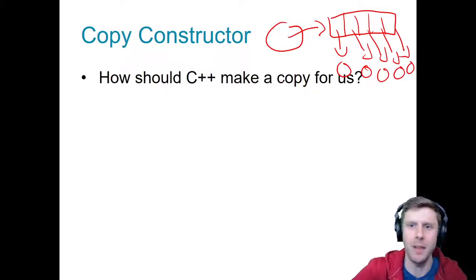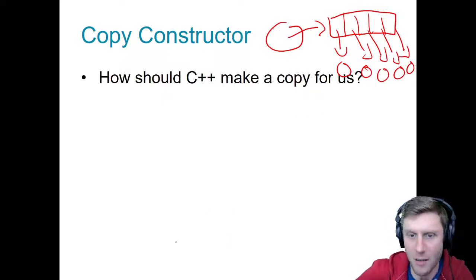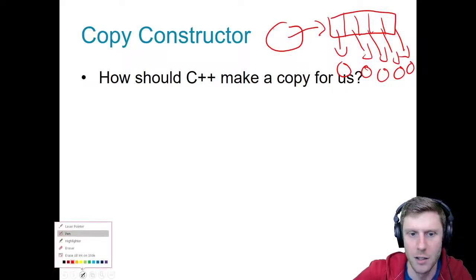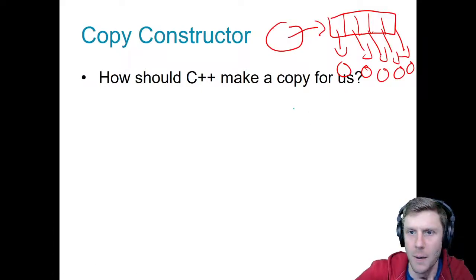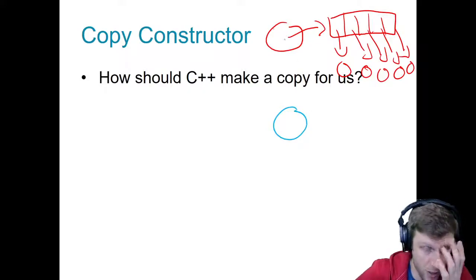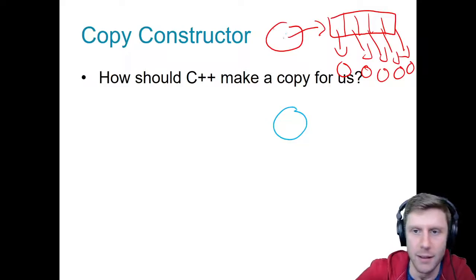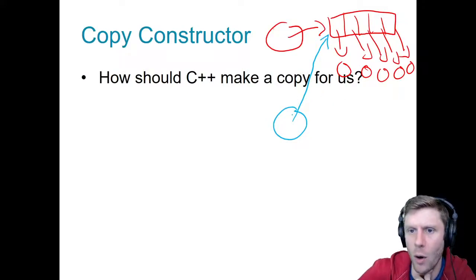When I make a copy of this, what do I want that copy to look like? Because I've got a number of choices. Do I want to make a copy and then have that copy take over all the simple values like max array size and number of students, but just have that pointer point to the same array of students? Or do I not want that?